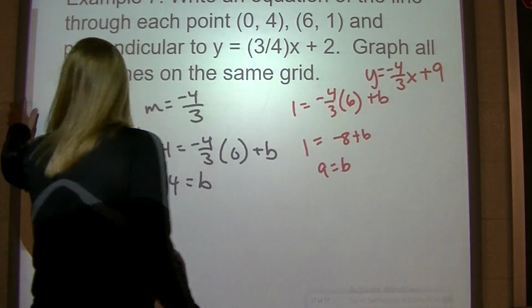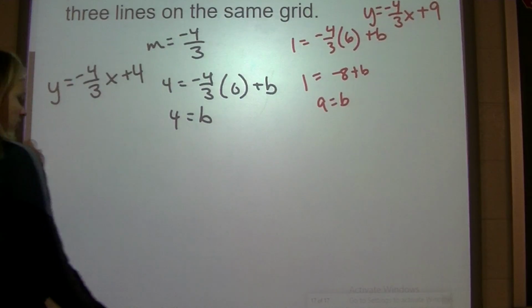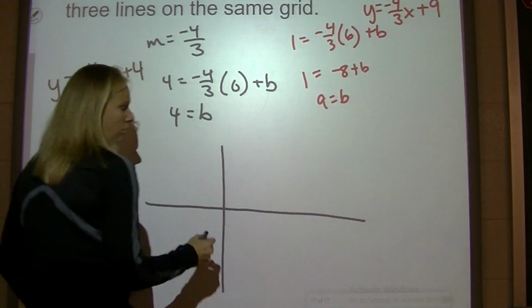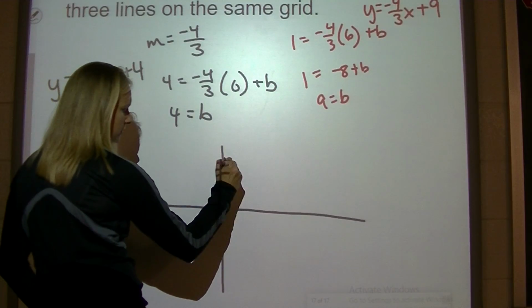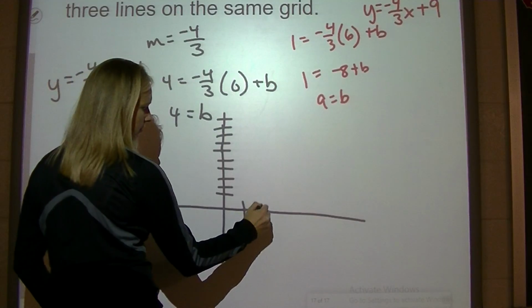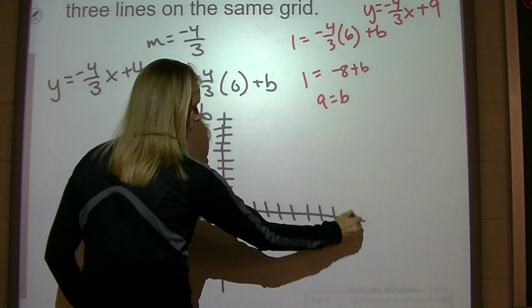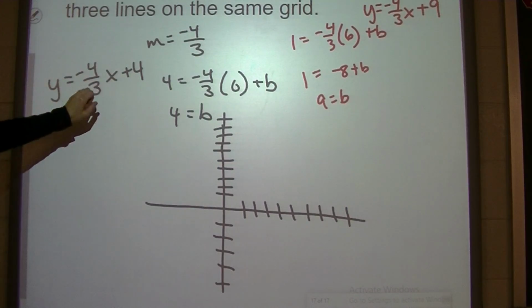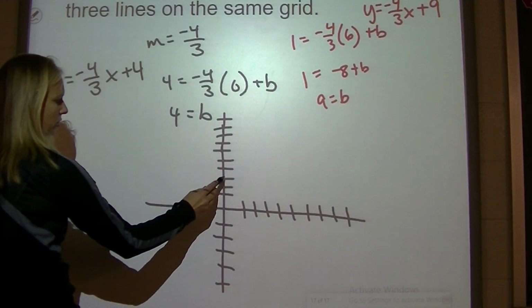So hopefully you remember how to graph something in slope-intercept form. If not, this will be a great reminder, great review for you. You always graph your y-intercept first. Alright, so in this one, I'm going to go up 4, so 1, 2, 3, 4.